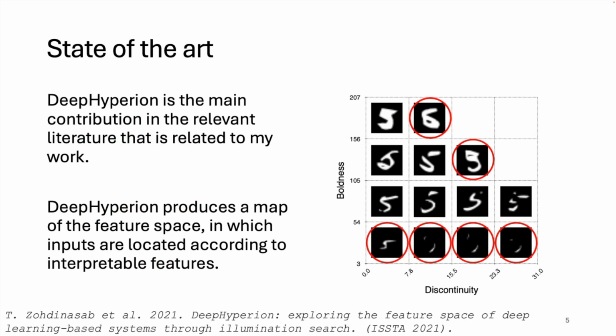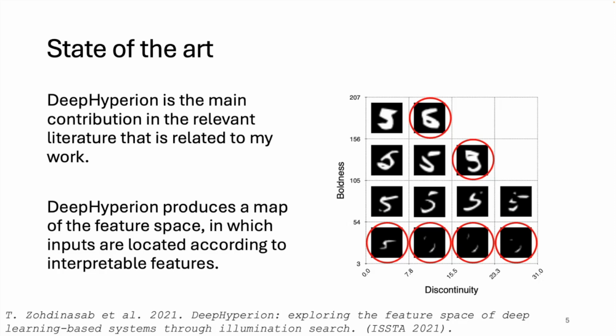In the literature, the main work that is akin to what I'm doing is DeepHyperion. DeepHyperion is the only tool, to my knowledge, that produces a topographical feature map of the inputs, which makes use of manually assessed features that are domain specific.